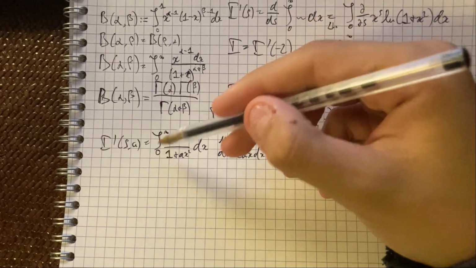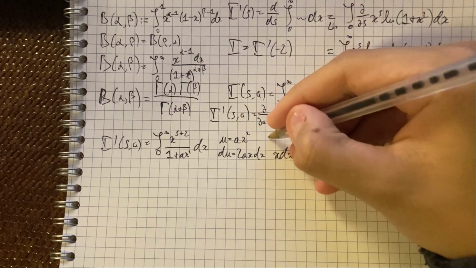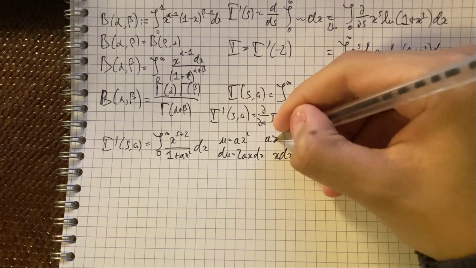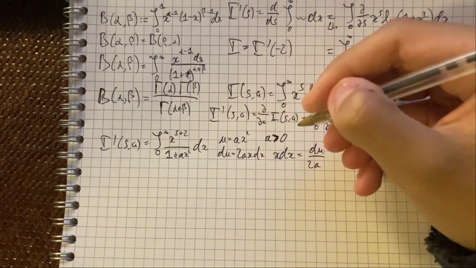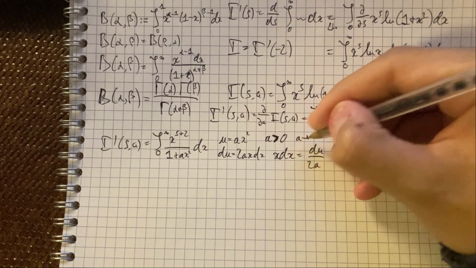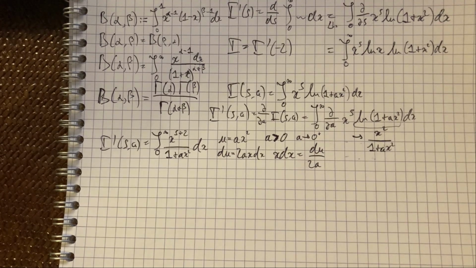The limits of integration remain unchanged because we can just assume that a is greater than 0, but we can let a approach 0 plus. This will be important later, not for now, but a is never negative.